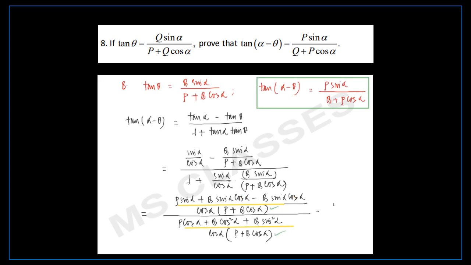We are left with in the numerator p sin alpha. Denominator, it is p cos alpha plus q. Why plus q? If we take q common here, q cos square alpha plus q sin square alpha, so if you take q common, cos square alpha plus sin square alpha, that is 1. And you got this.